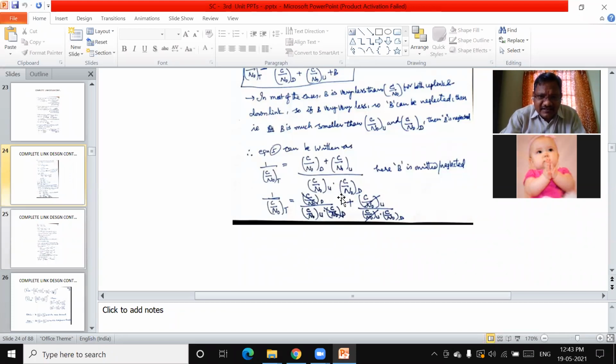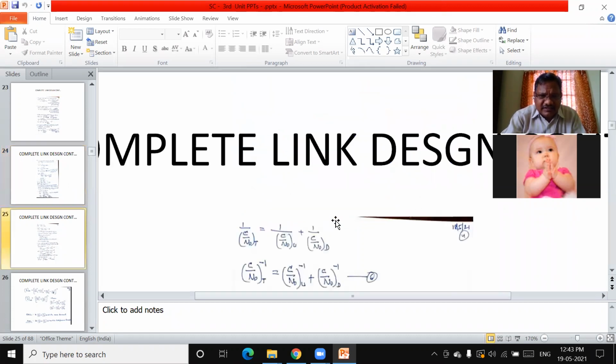C by N naught D, C by N naught D gets cancelled and it becomes 1 by C by N naught U. For this term, C by N naught U by C by N naught U into C by N naught D, these two cancel and it becomes 1 by C by N naught D. That's what is here.